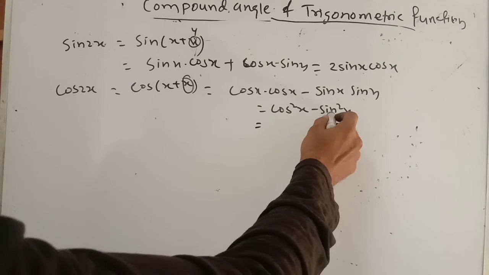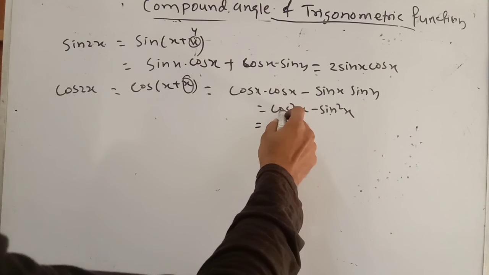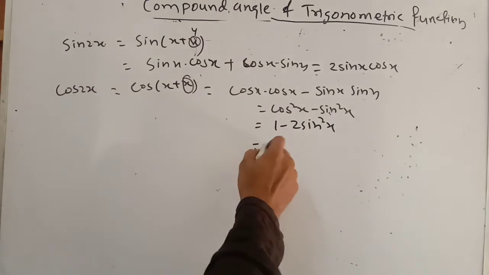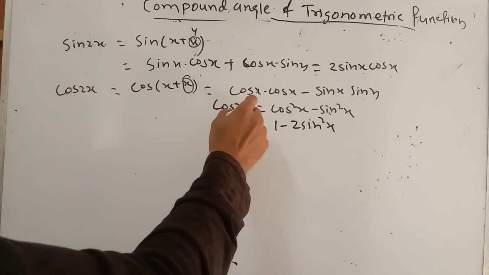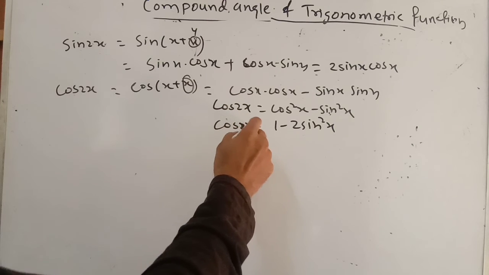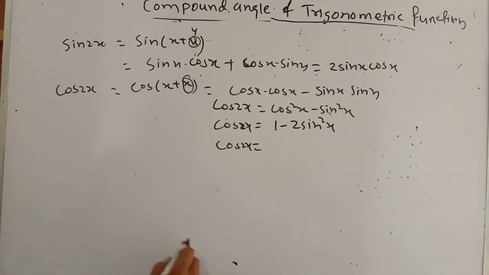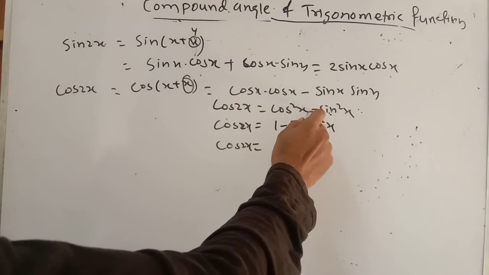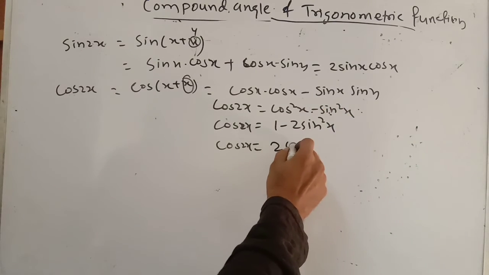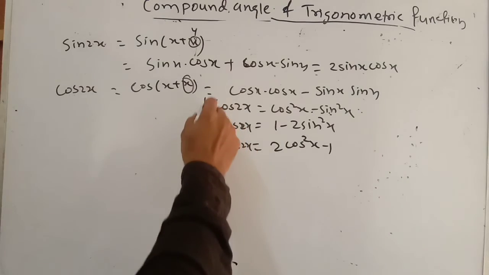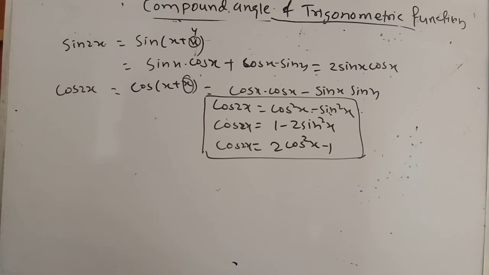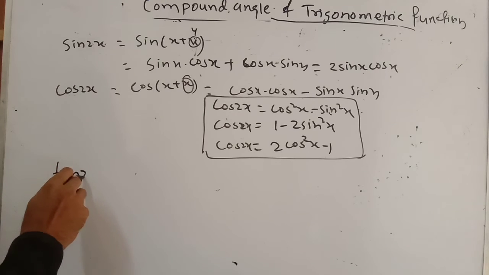In sine terms, 1 minus cos square x is sin square x, so it becomes 1 minus 2 sin square x. In cos terms, it is 2 cos square x minus 1. You can use any formula of these.